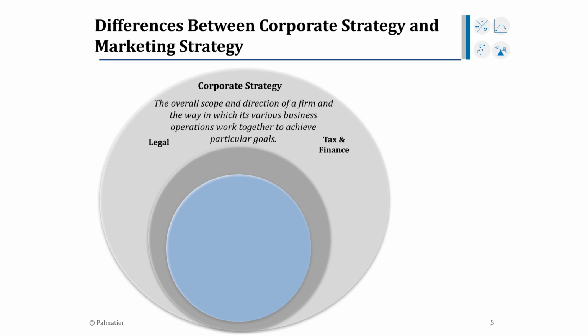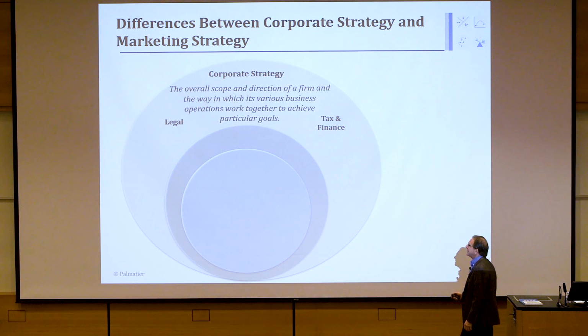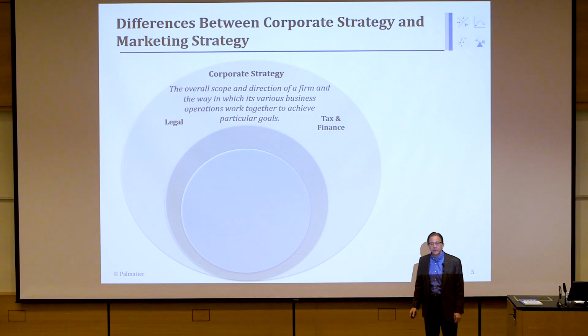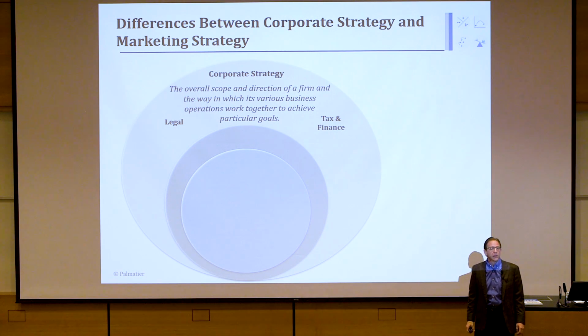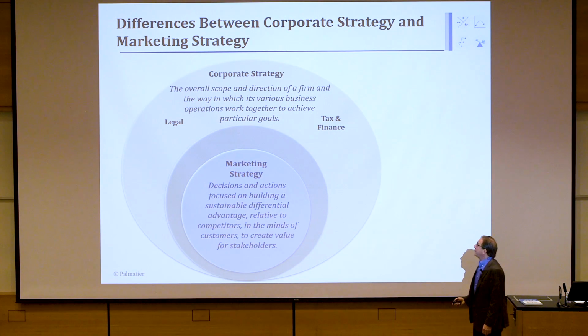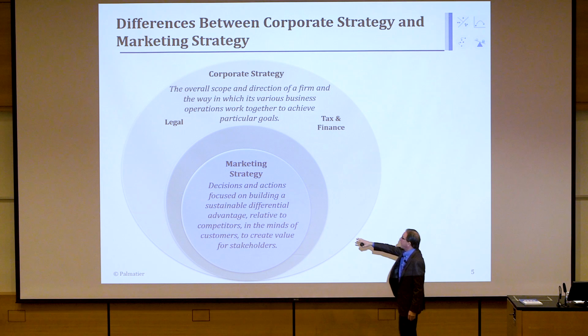The overall scope and direction of the firm and the way in which its various business operations work together to achieve particular goals. You can see they're not getting down to the customer level. So if this big gray circle represents corporate strategy, things like legal, tax, and finance only fall into the corporate.